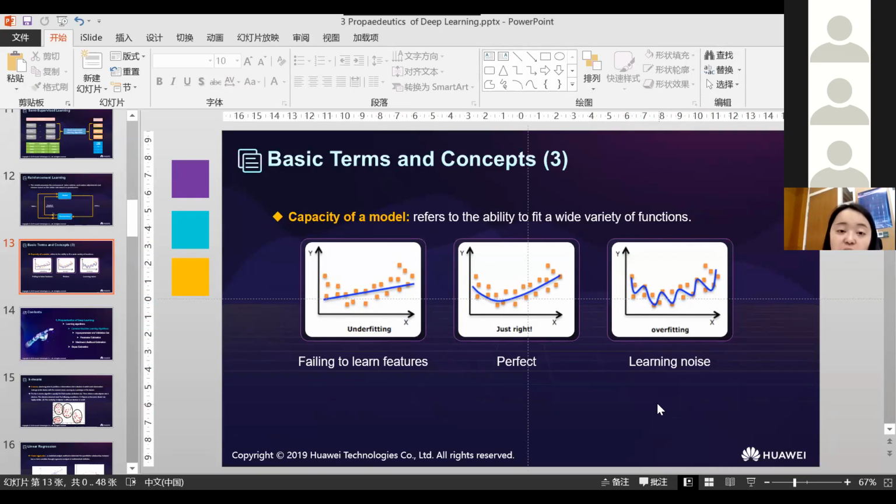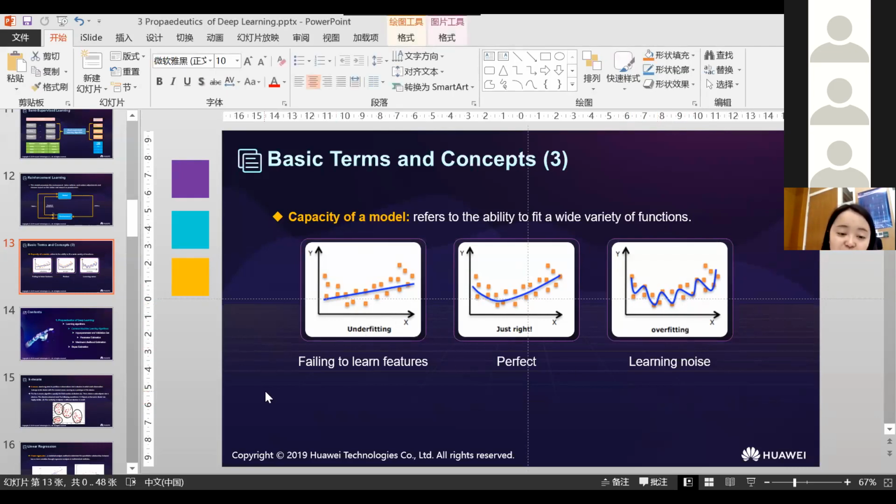For an overfitting model, we may get a very high accuracy or a very low value of loss function on the training dataset. But when the model meets some new samples in the test data set, the performance will be very bad and the accuracy will be very low. That is an example of the overfitting problem.